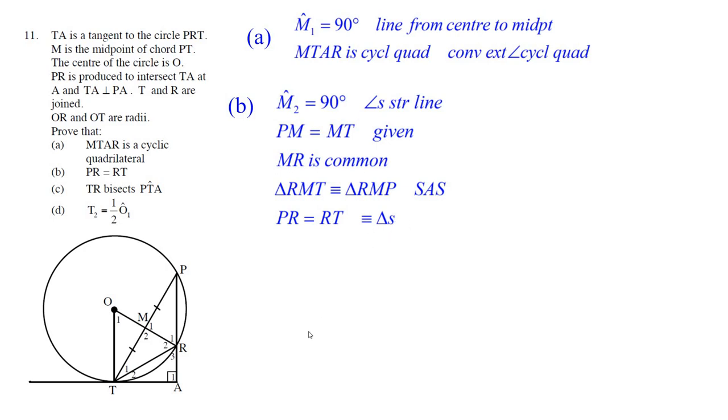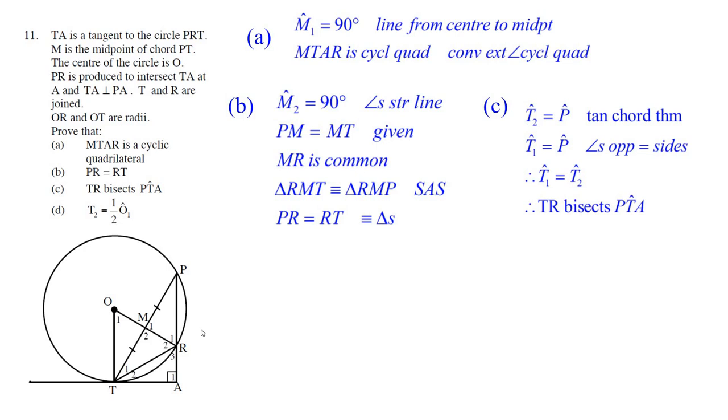Okay, well, that was okay. Maybe there's another way to do it, but that's the way I did it. Let's see. TR bisects PTA. In other words, they're saying prove that T1 equals T2. Let's see how I did it. I bet you there's a tan chord in there, T2 equaling P. It is a tan chord thing there.